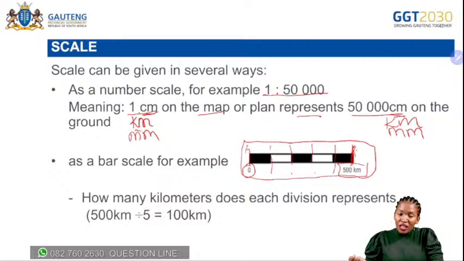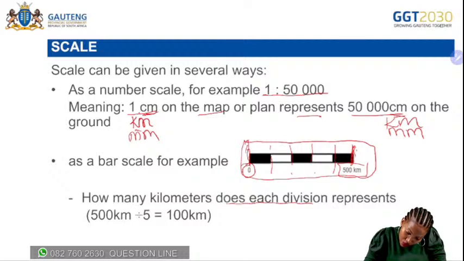And then if you wanted to know how many kilometers does each division represent, remember from here at 0 up to there, it is 500 kilometers. But how many sections are there? This bar is divided into how many sections? 1, 2, 3, 4, 5. So if you wanted to know what is the size of one bar, you will take the 500 kilometers and then you will divide it by 5.